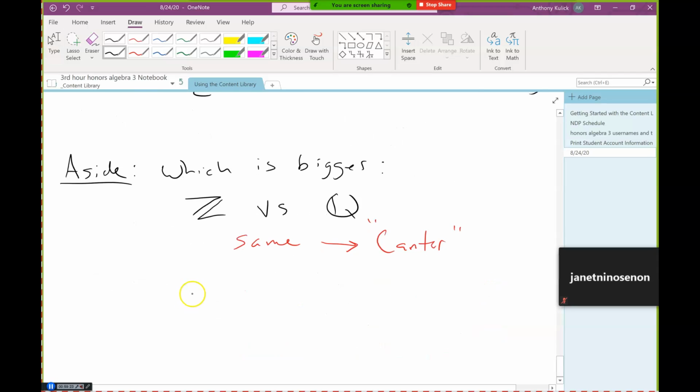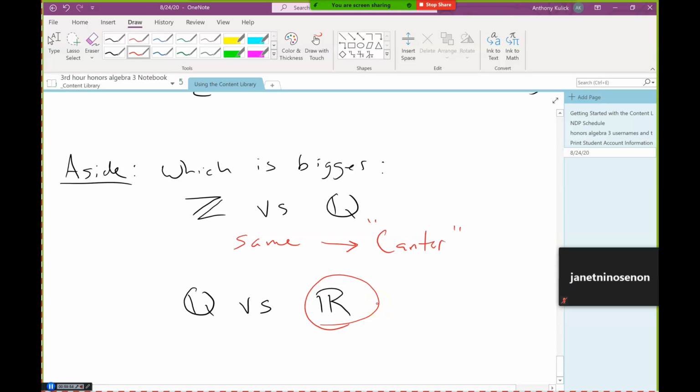What if we do rationals versus reals? Here the reals are definitively bigger. This is the most recent of these proofs of which one of these is bigger.